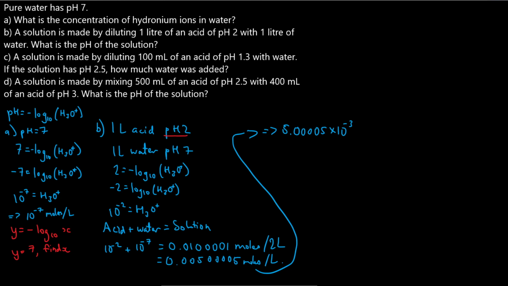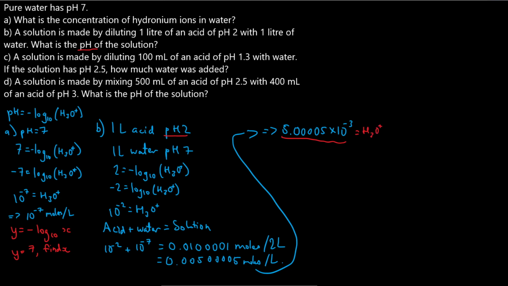So now we've got our concentration. This here is our H3O plus value. We want to find the pH.